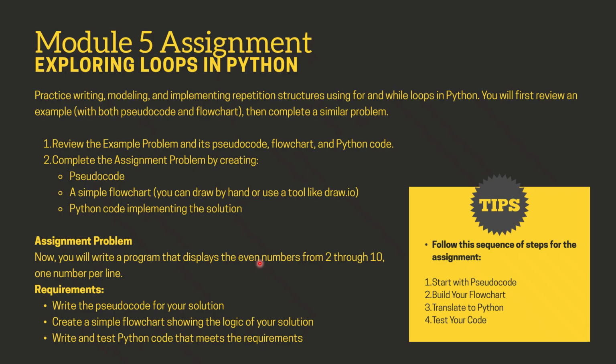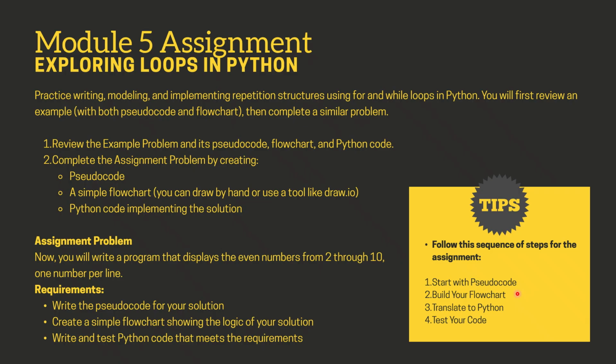The next thing you're going to do after you write your pseudocode is build your flowchart. You're going to draw that start box, show the initialization step, like setting the counter to the first number. Then you're going to add that decision diamond that checks if the loop should continue.